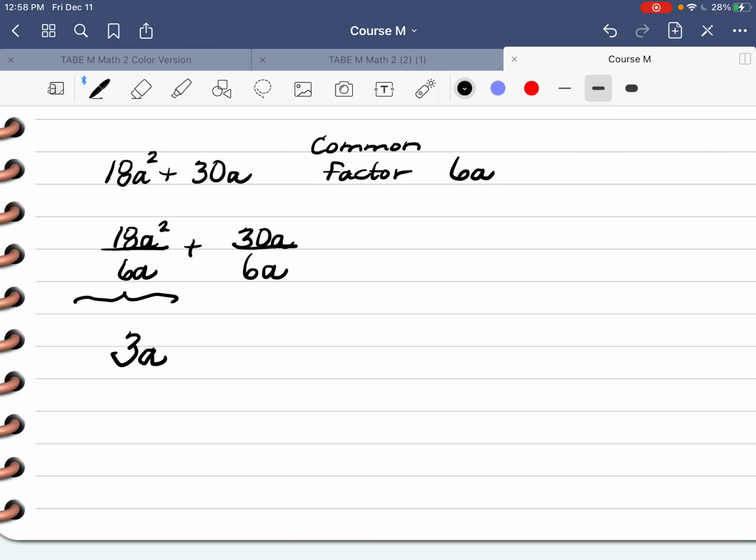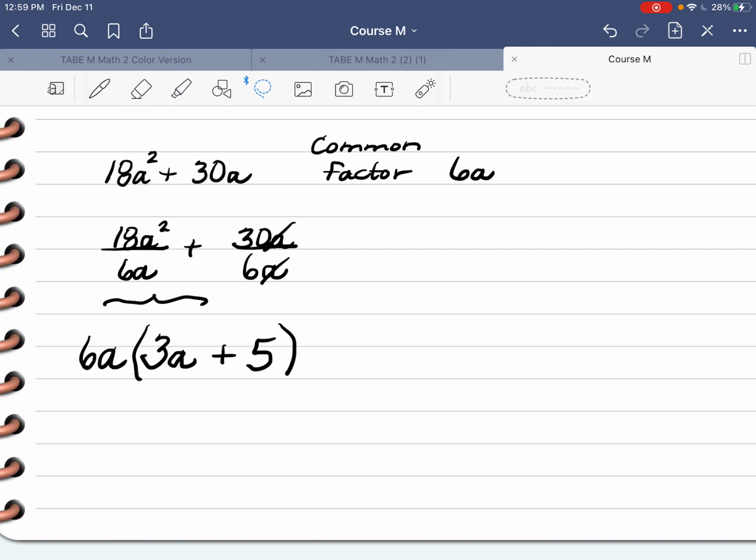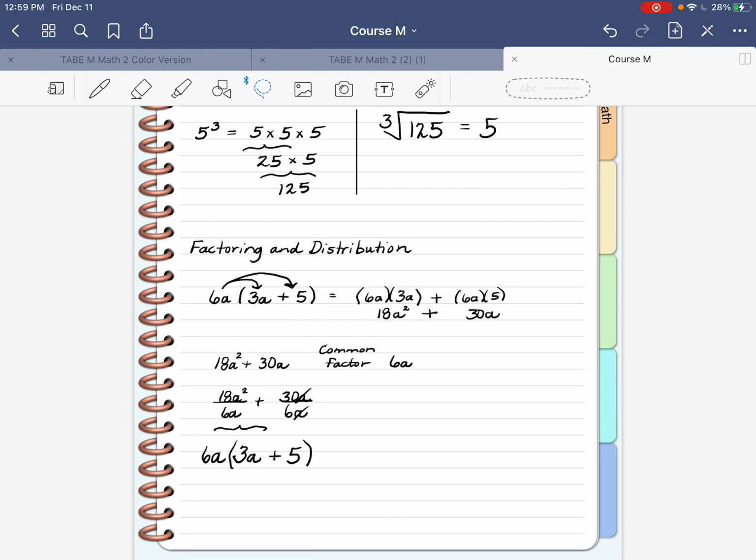And then 6 into 30 goes 5 times. The a's will actually cancel each other. And then don't forget, you have to bring that common factor down here. And look at what you have. 6a times 3a plus 5, that's what we started with back up there in the distribution. So factoring and distribution are inverse operations.